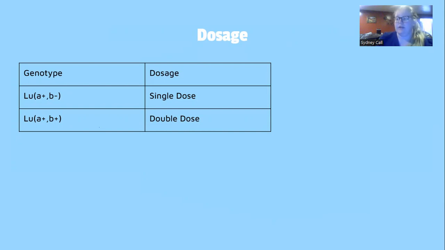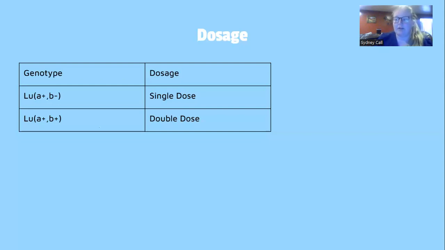Because both of the antigens are expressed on the same cell, they're considered to have a single dosage. When an individual inherits a homozygous allele, it's known as a double dosage. In this chart, I made it really easy to show you what is single dosage and what is double dosage. So you can look real quick through this and see the dosage.